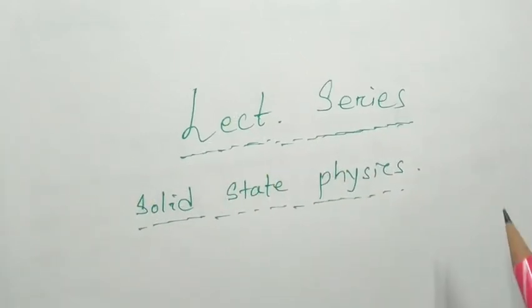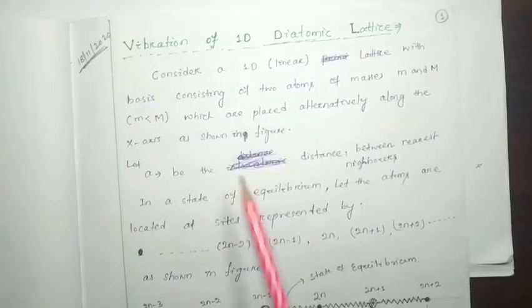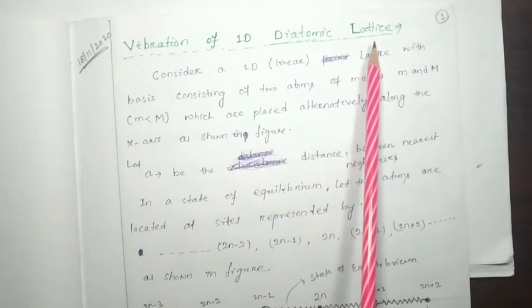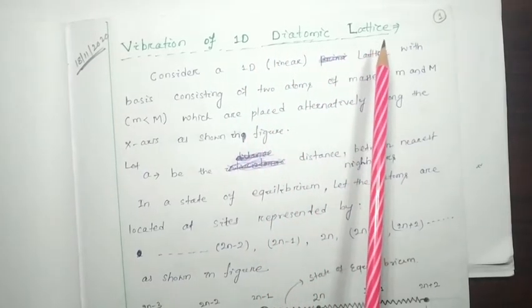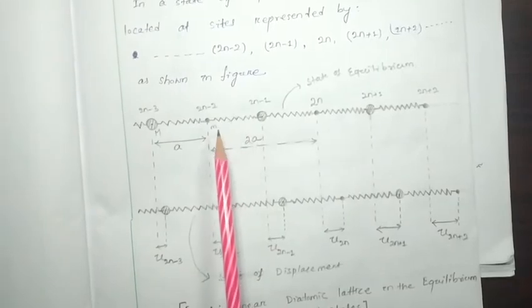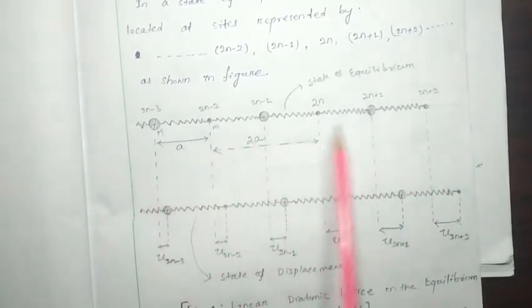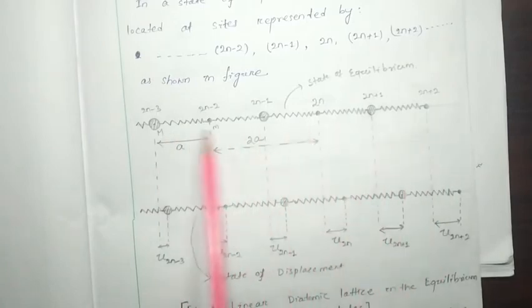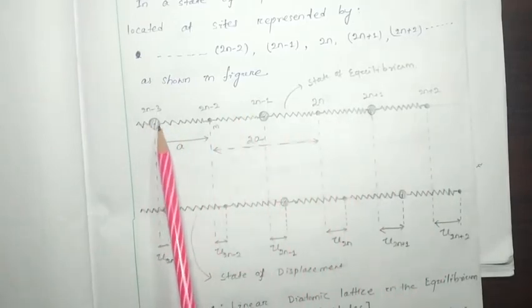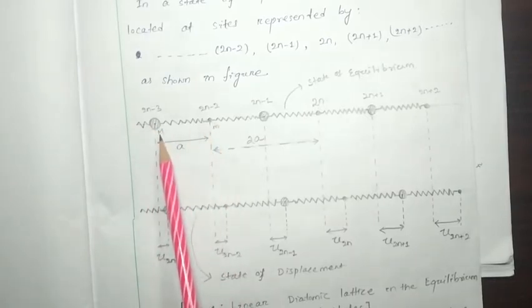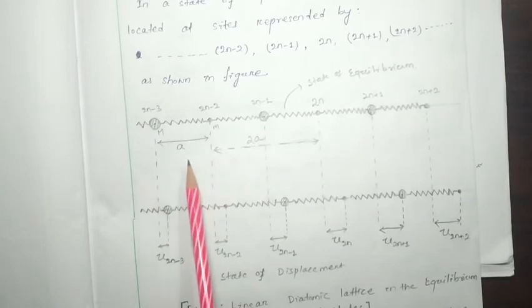In our last class, we have been discussing the vibration of a one-dimensional diatomic lattice. The situation is this: a linear diatomic lattice vibrating one-dimensionally. Diatomic means this is a heavier mass, larger mass, and this is a smaller mass, named capital M and small m.